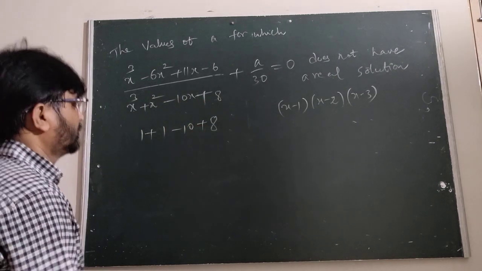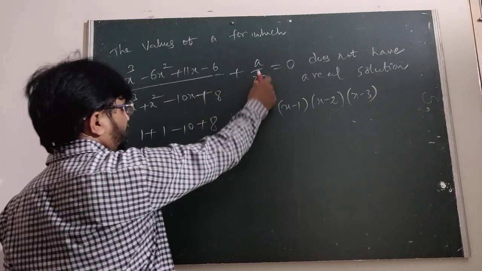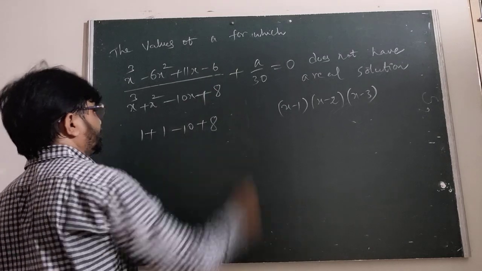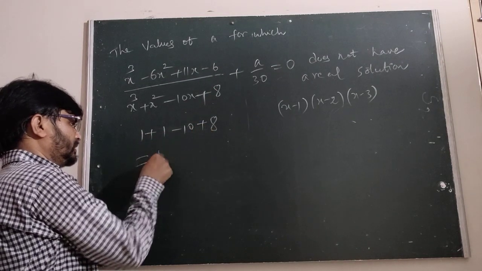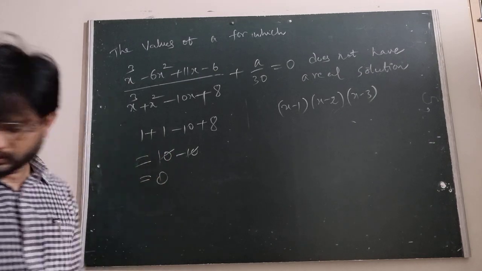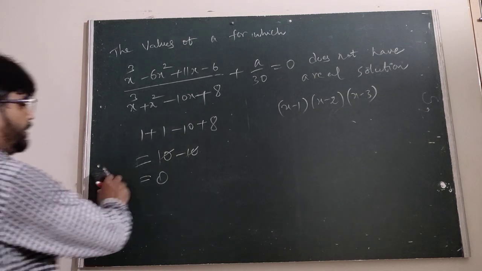This is the 8. So this is not a 30. The a by 30 is given that. So here this is 8. Now we can write 1 plus 1 plus 8, that is 10 minus 10. It will also be 0. Therefore 1 is also a root of the denominator.